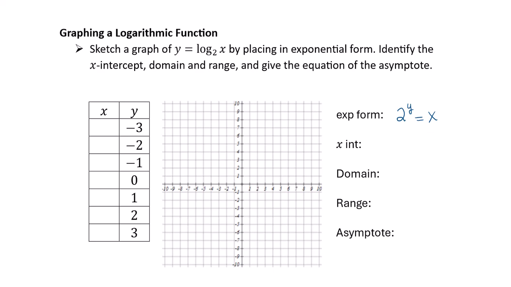So 2 to the negative 3 is 1/8. 2 to the negative 2 is 1/4. 2 to the negative 1 is 1/2. 2 to the 0 is 1. 2 to the 1 is 2. 2 squared is 4. And 2 cubed is 8. So we can go ahead and start graphing.